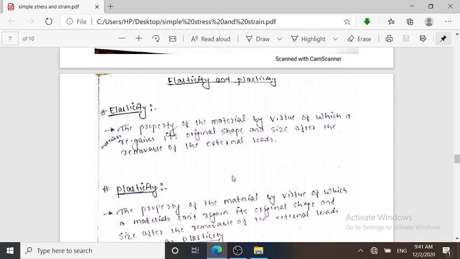So elasticity is nothing but the property of the material which undergoes certain deformations, and on removal of the load, it regains its original shape and size.